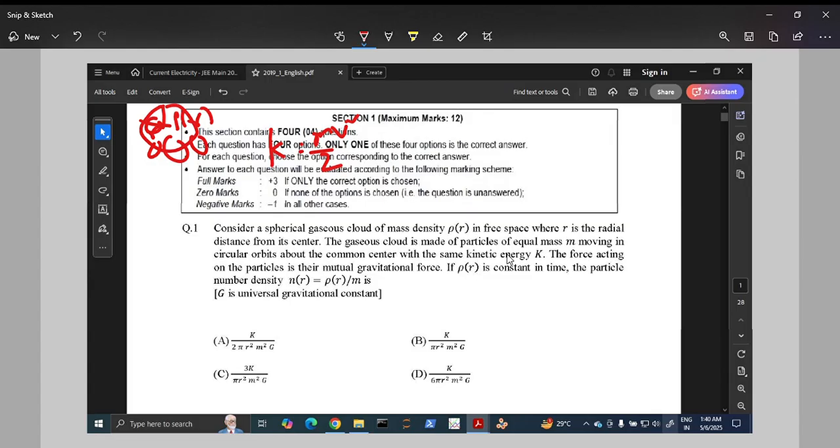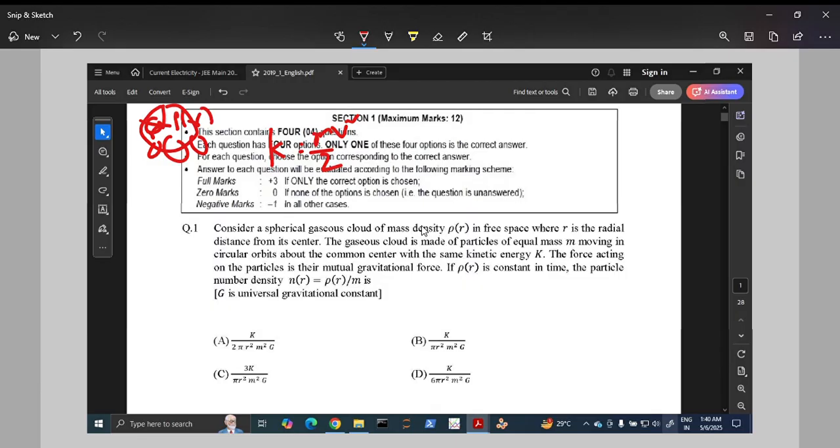So for any particle of mass m, the gravitational force is balanced by the centrifugal force.